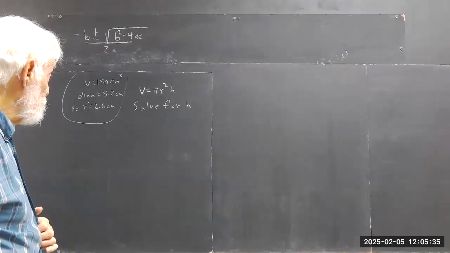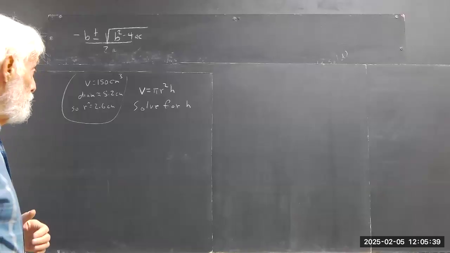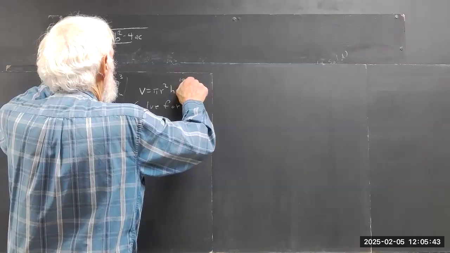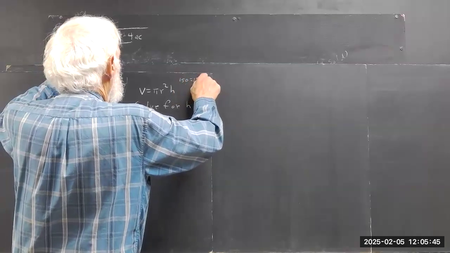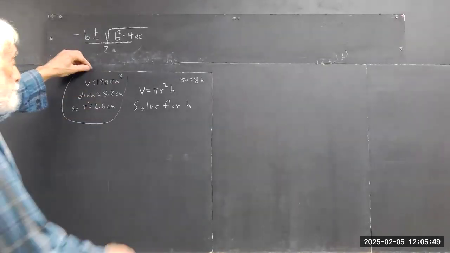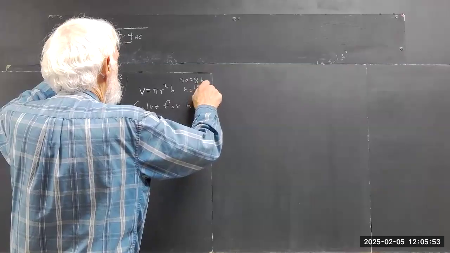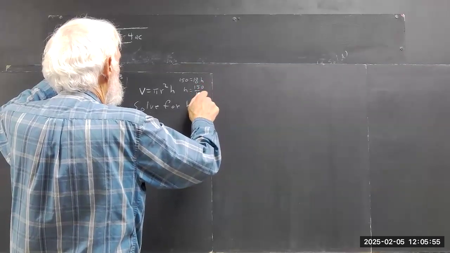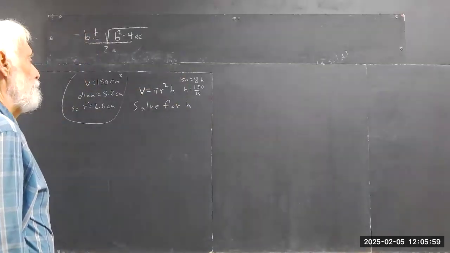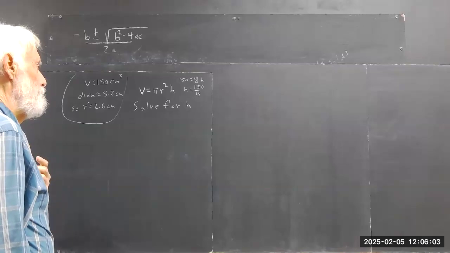2.6 squared is 5.76, and multiply that by pi, it's about 18. You get something like 150 equals 18h. So h is 150 over 18.